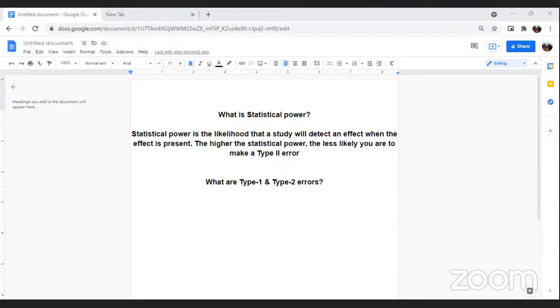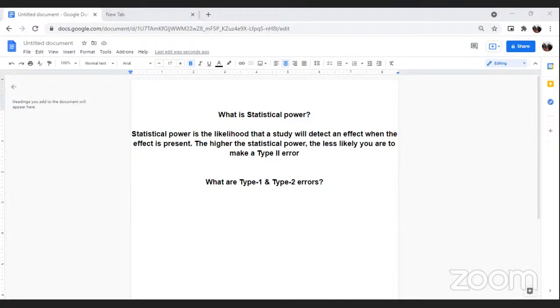All right, let me talk again about type 1 and type 2 errors, right? Type 1 error is an error in hypothesis testing when the null hypothesis is true but rejected, right?